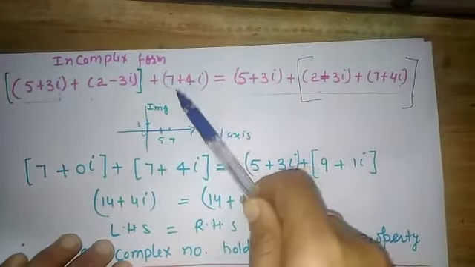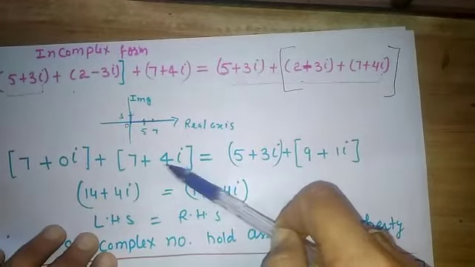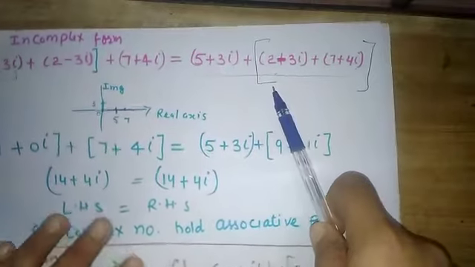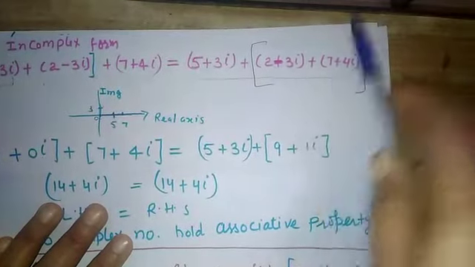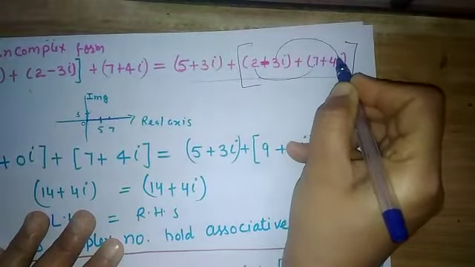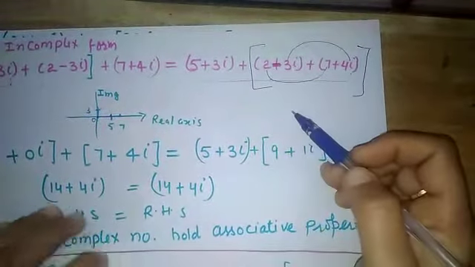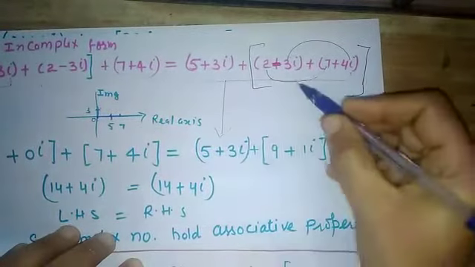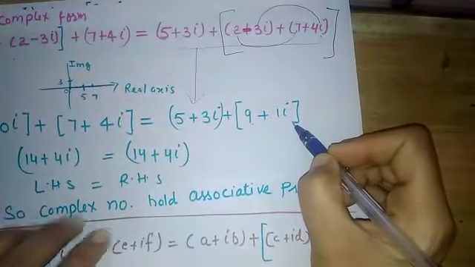I have copied this 7 plus 4 iota as it is. On the right hand side, I have added in the similar way, real with real and imaginary with imaginary. So in this way, I'm getting 9 plus 1 iota.